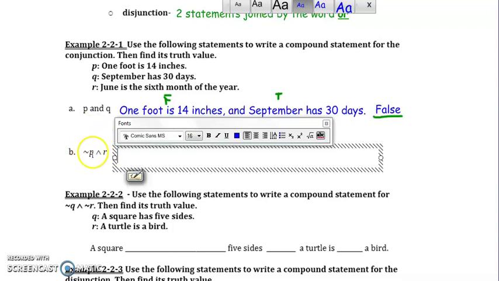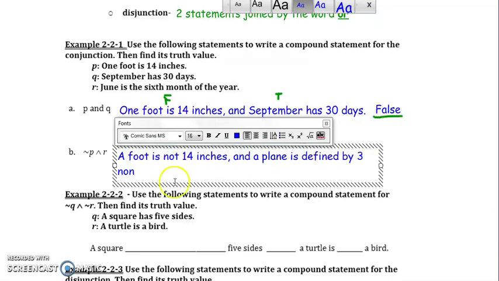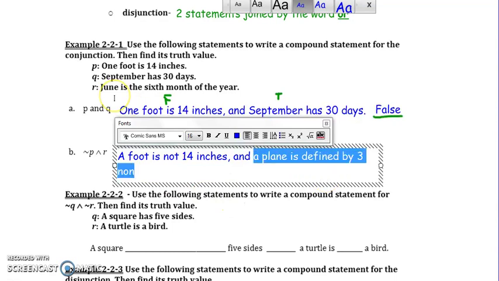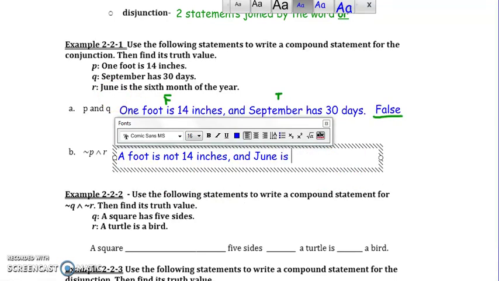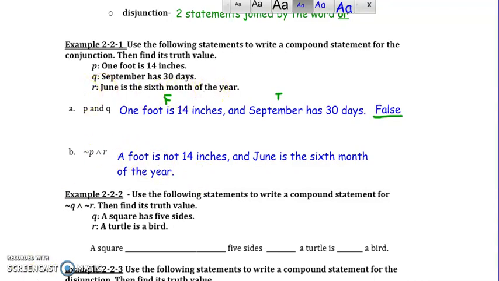So we're going to say not P and R. So a foot is not 14 inches, and June is the 6th month of the year. There we go. So there's our R statement copied down.